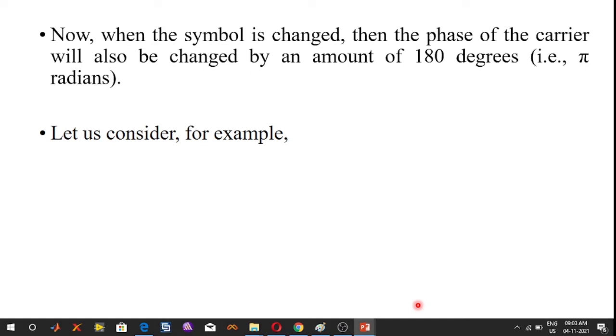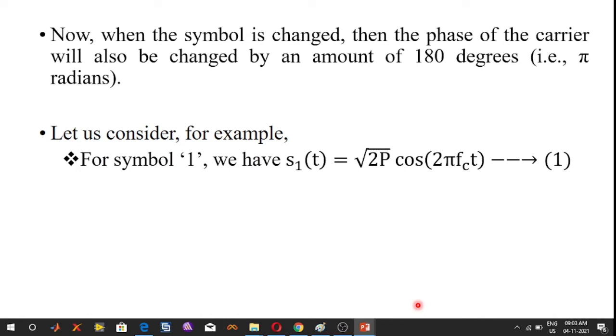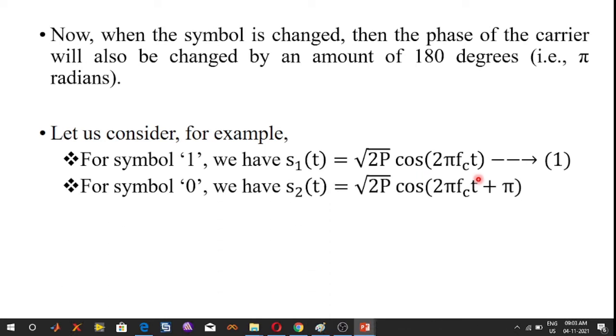So for binary symbol 1, the resultant expression is s1(t) = square root of 2P cos(2πfct), and for binary symbol 0, the suitable expression is square root of 2P cos(2πfct + π).